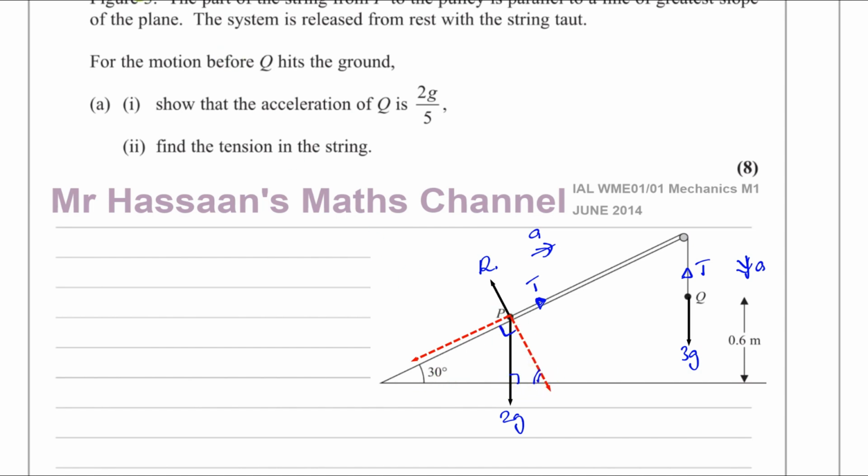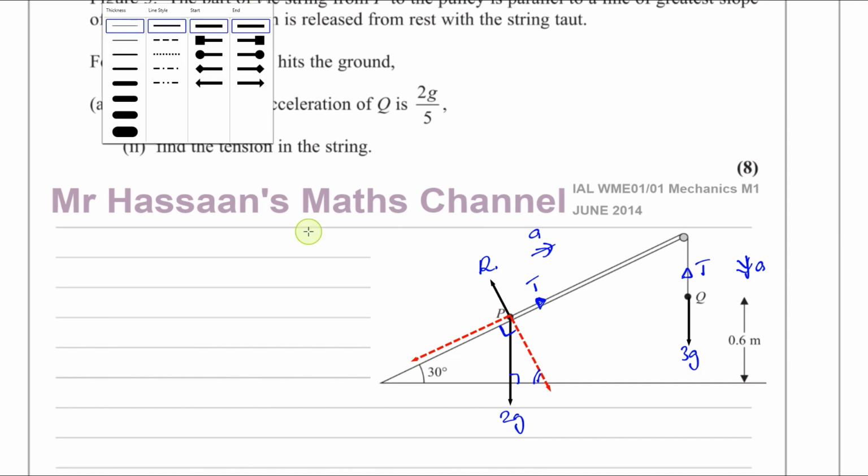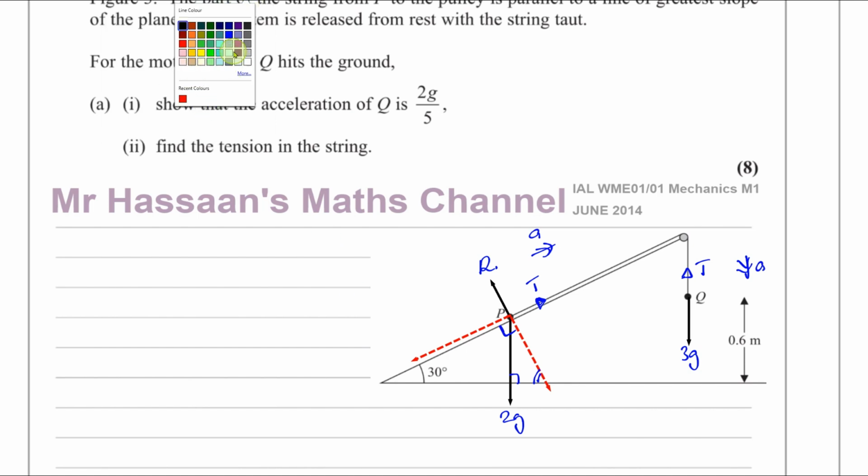So if we were to make a little sketch of these, let me just make it thin. If I was to take a sketch of these two triangles, I'm just going to outline this triangle over here.